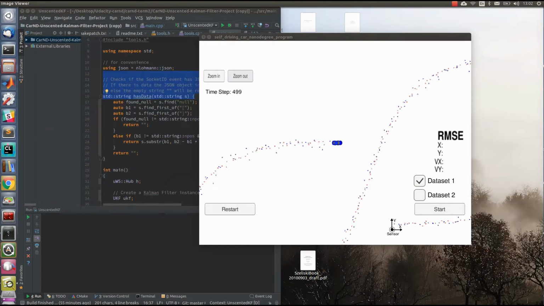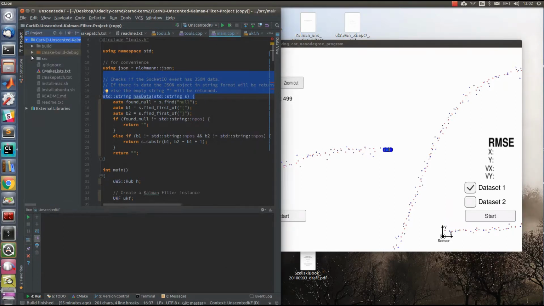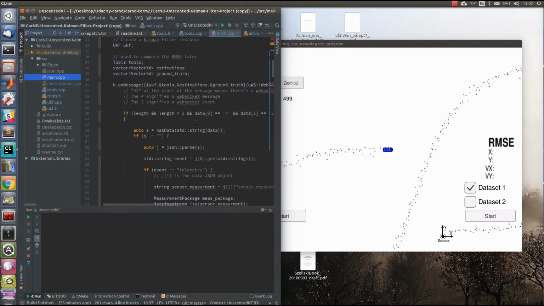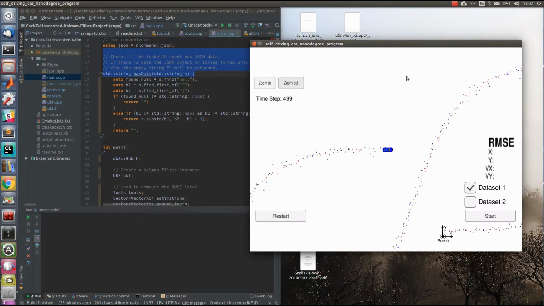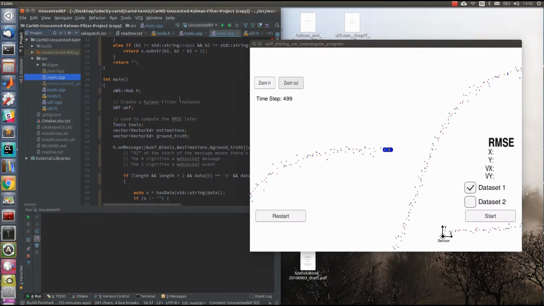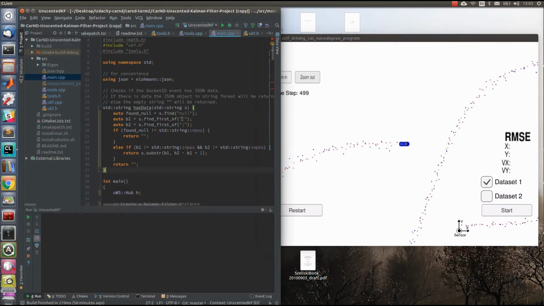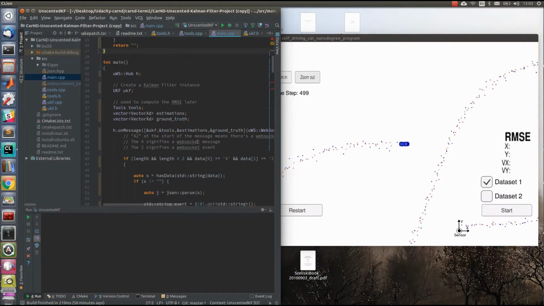Okay, so now let's have a look at the code. Udacity provided us with the simulator and a piece of code that connects the simulator to our program. This simulator is considered a server that sends some data in JSON format, and our code is something like a client that receives this JSON format and extracts from it the useful information.